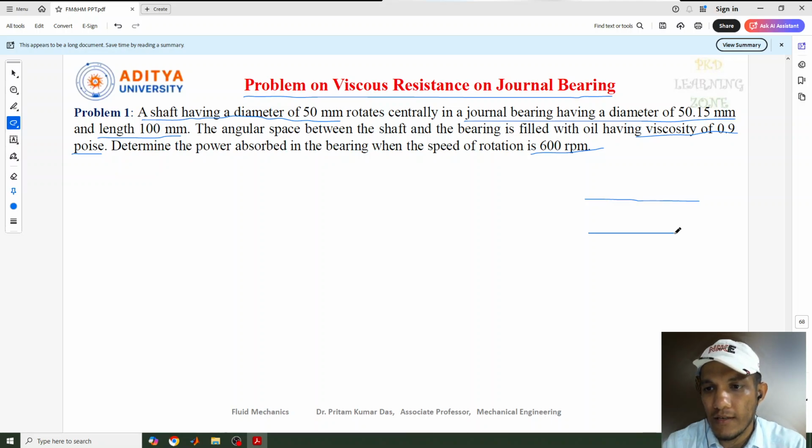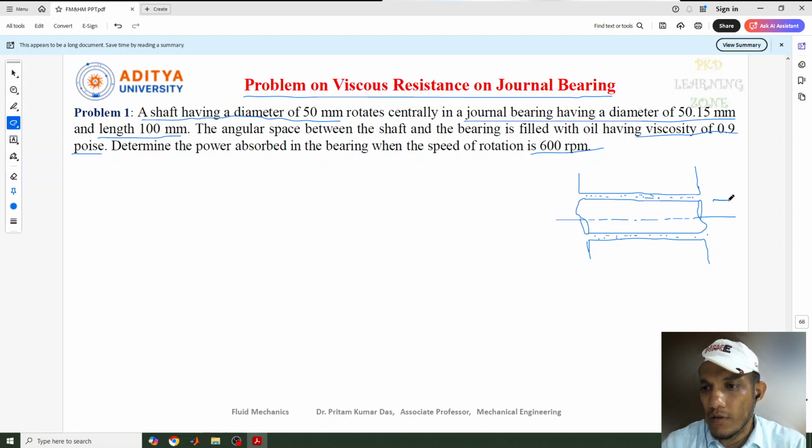So let's consider this is the shaft, and the shaft is rotating, and we have the bearing connected to this shaft, and between this bearing and the shaft oil is there to make the shaft rotate perfectly.